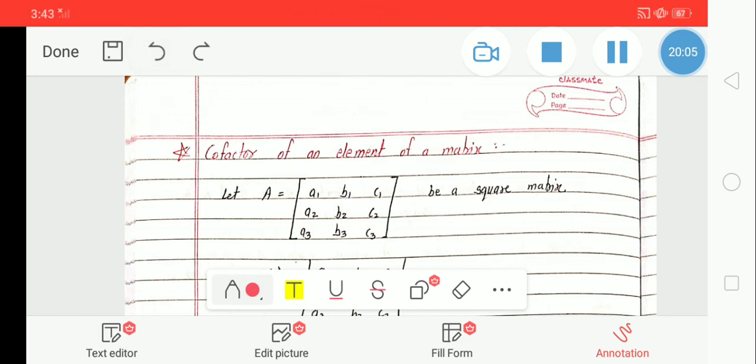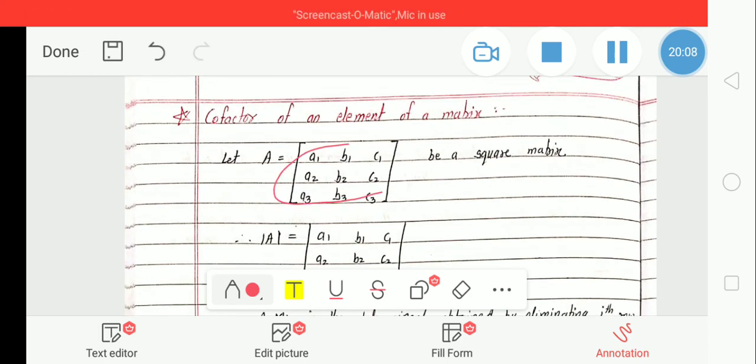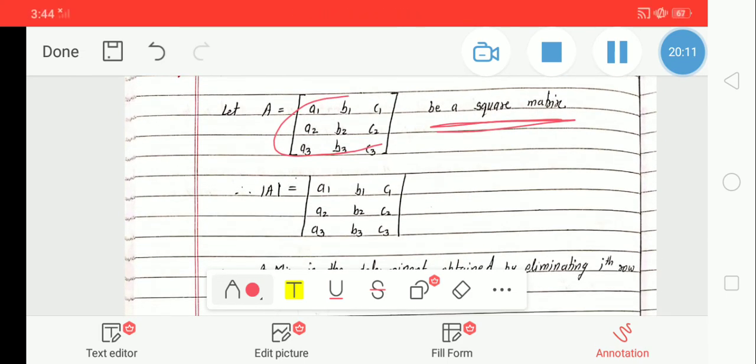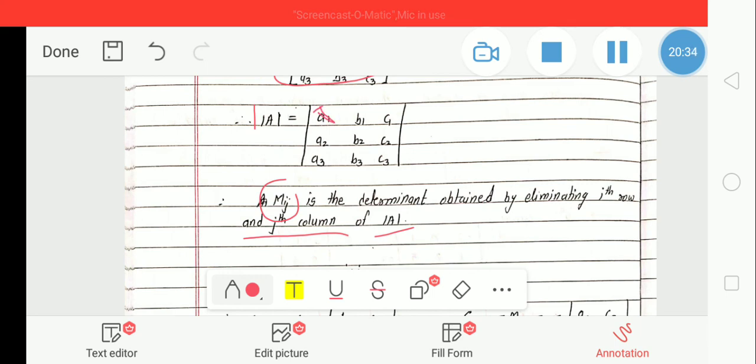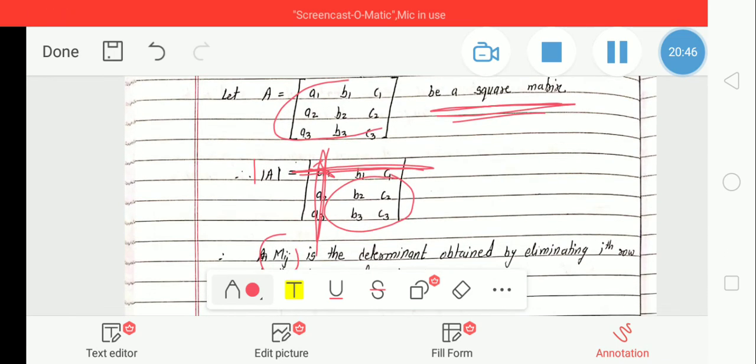This is A, a square matrix, and we take mod of A. Mij is the determinant obtained by eliminating the ith row and jth column of mod A. Suppose M11: we eliminate the 1st row and 1st column. So we get this cofactor element.